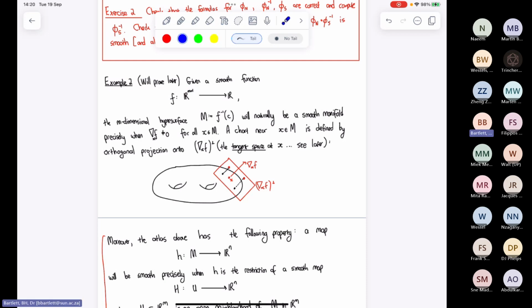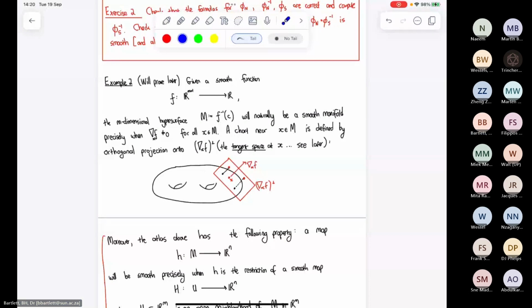And then other points nearby to X, I just orthogonally project them onto that plane. So this point over here gets mapped to the red point on the plane. And this point over here gets mapped to this red point on the plane. So that way I've put coordinates on the manifold M locally near X. The coordinates are living in this tangent plane, this red tangent plane.